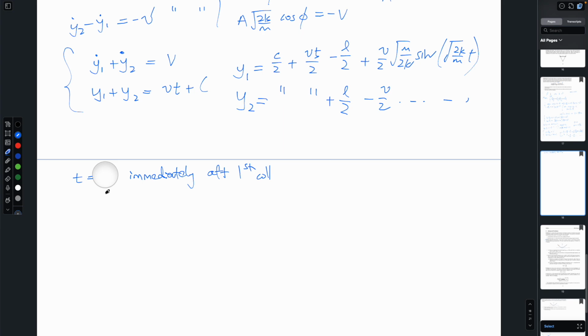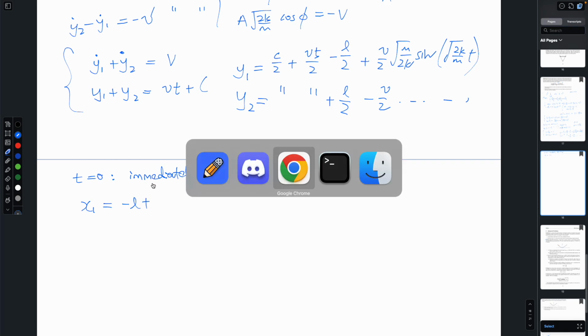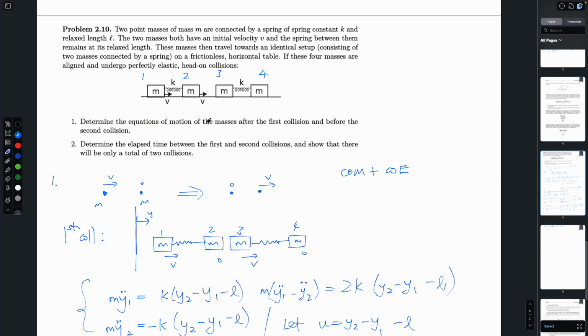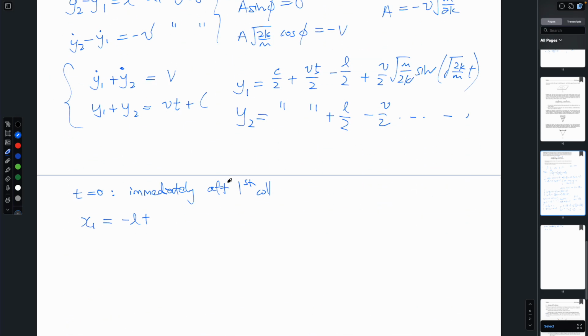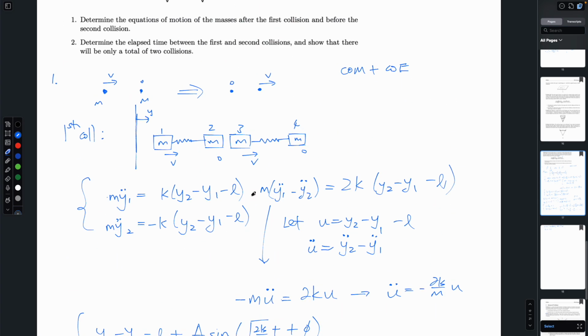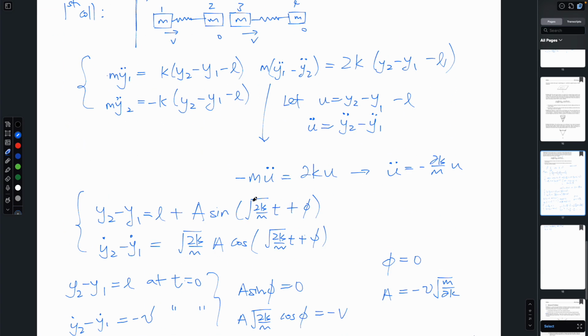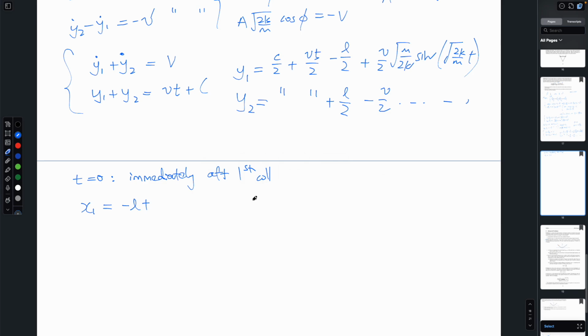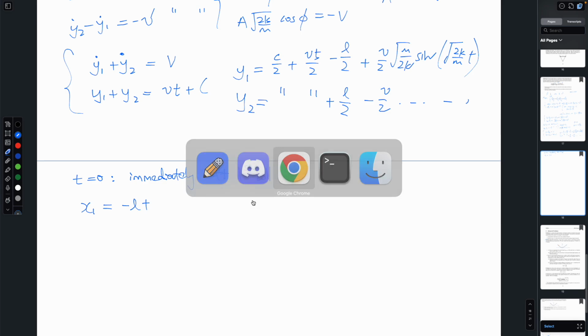It's just that the starting condition is different. Do you get that part? So you basically solve the DE once already. It's the exact same one because mass 3 also starts at v. So you just find the same DE, but with an extra term in front because there's a displacement, right?